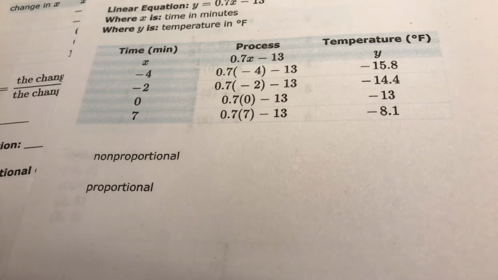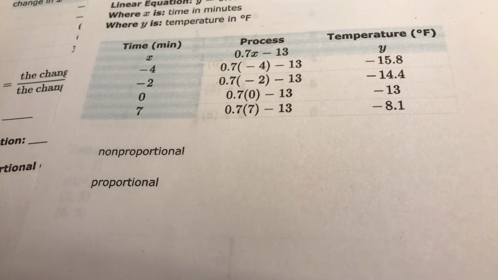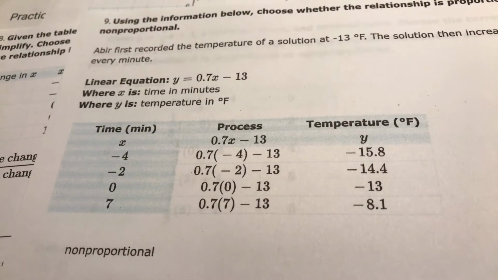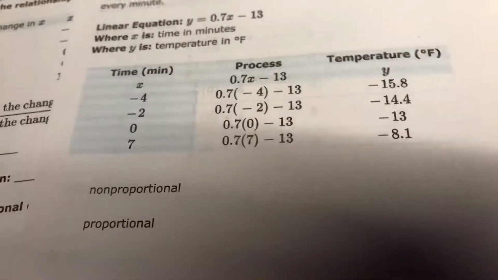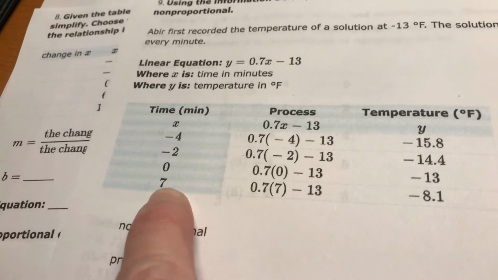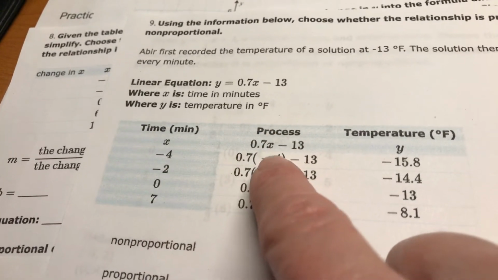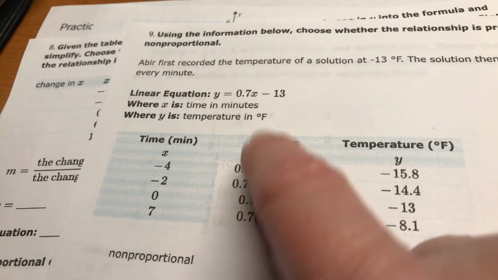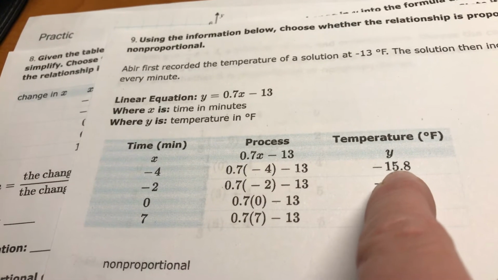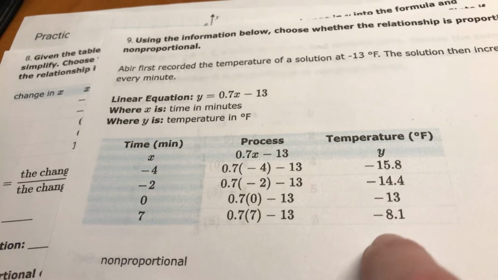I don't know why they picked those numbers, but anyway, they picked numbers for x and they plugged them in to the equation up there for x and solved for y. So these numbers they just picked, they just came out of nowhere, okay? Then they plugged them in to the equation from here, did math, and came up with the y. All right, and so they did that every time.